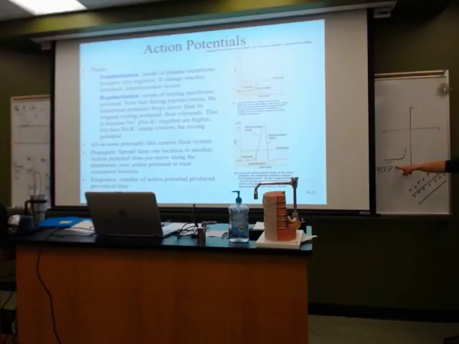Now, at this point, when we begin to take it to being less negative, when we take it to being more positive, we depolarize. Do you guys remember that? Because we're making it less negative. Is everybody with me? And then, at some point, this line continues to go up until we get peak action and it begins to move back down.